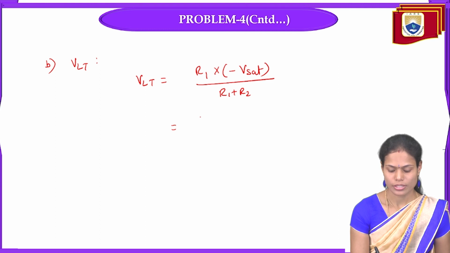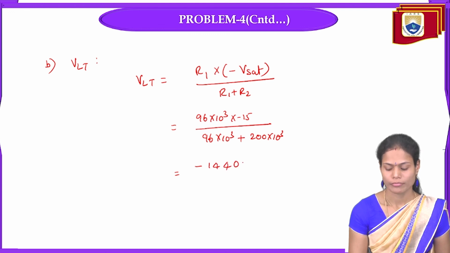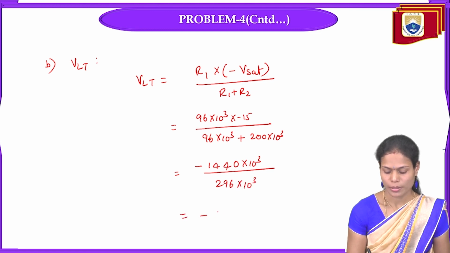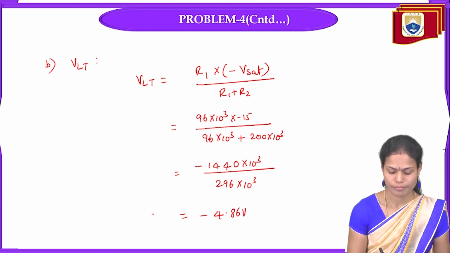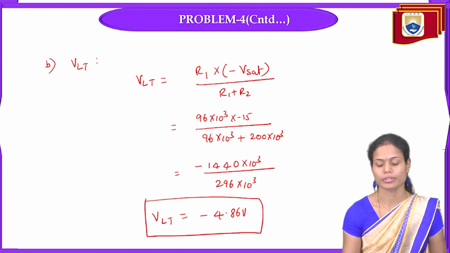R1 resistance is 96 into 10 power 3 into minus 15 divided by 96 into 10 power 3 plus 200 into 10 power 3. So it is again minus 1440 into 10 power 3 divided by 296 into 10 power 3. So we will get minus 4.86. This is the value of the lower threshold voltage for the given circuit.